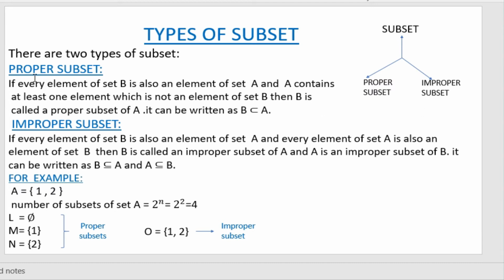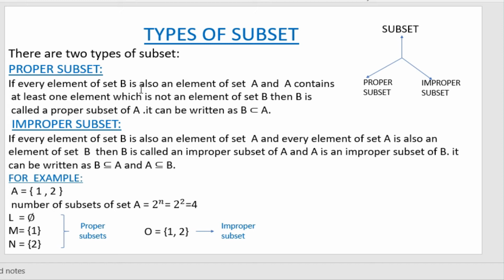Now proper subset can be defined as: if we have two given sets, then every element of set B is also an element of set A, and set A contains at least one element which is not an element of set B, then B is called a proper subset of set A. It can be written as B is a proper subset of set A. Here the condition is that the superset should have at least one element which is not contained by the subset.